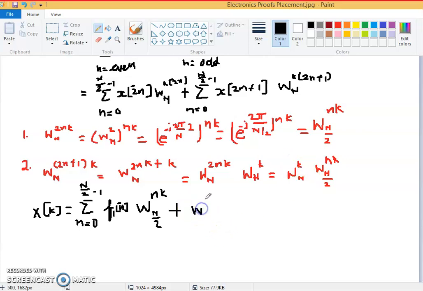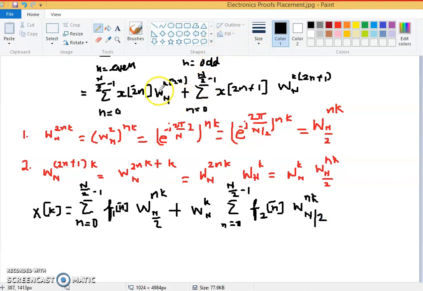It can be taken outside the sum like this, and summation n changing from 0 to N by 2 minus 1 of f2[n] W_{N/2}^{nk}.